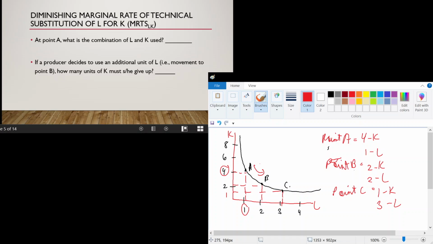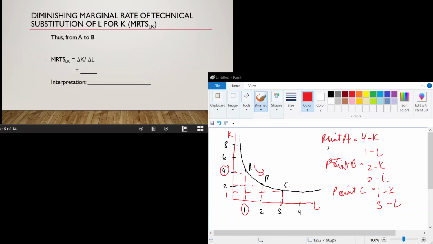Okay, kasi nga sabi natin kanina, kailangan natin mag-give up ng one input in order to add additional unit of the other input. So, from A to B, i-compute natin ngayon yung marginal rate of technical substitution wherein change in K over change in L represents the MRTS.